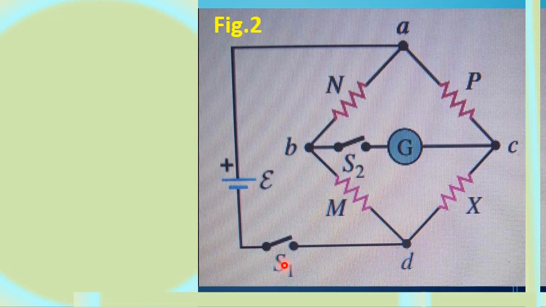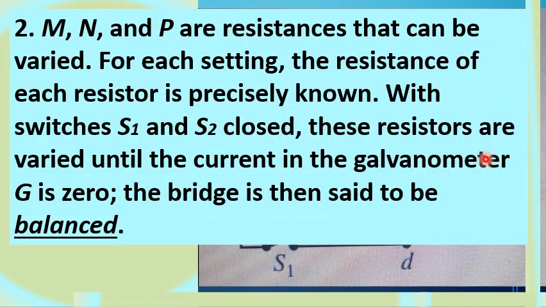The current that flows through the galvanometer, of course, depends on its potential difference across points B and C. So to emphasize, resistances M and P are resistances that can be varied.